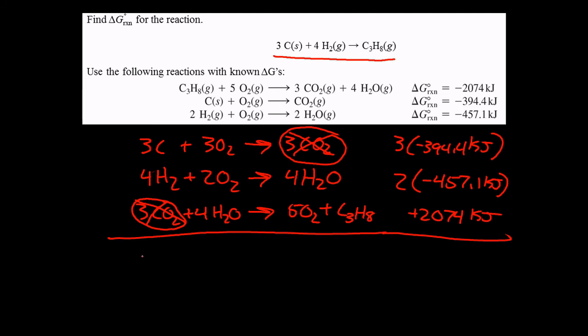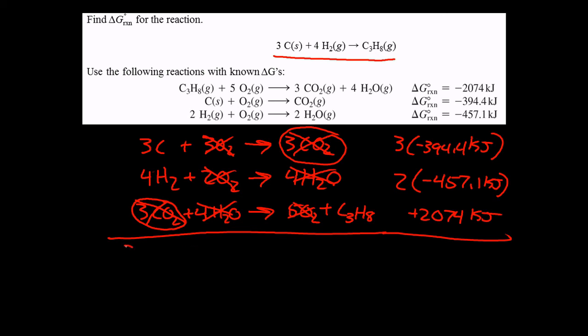If you have the same thing on both sides, they cancel out. Same thing here with the water. 4 waters, 4 waters. At first glance, it doesn't seem like the oxygen works out, but if you look, I have 3 plus 2 oxygens on the left, and I have 5 oxygens on the right. So those do actually cancel out.